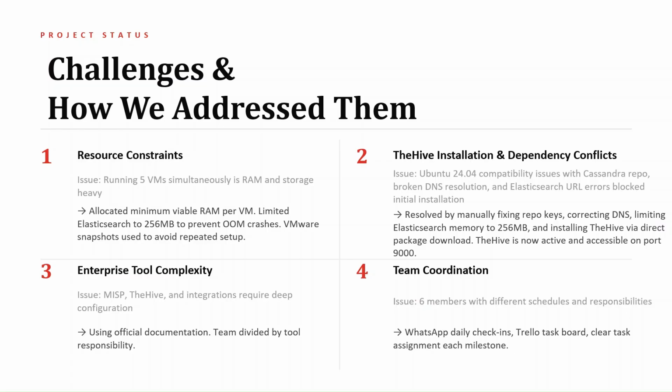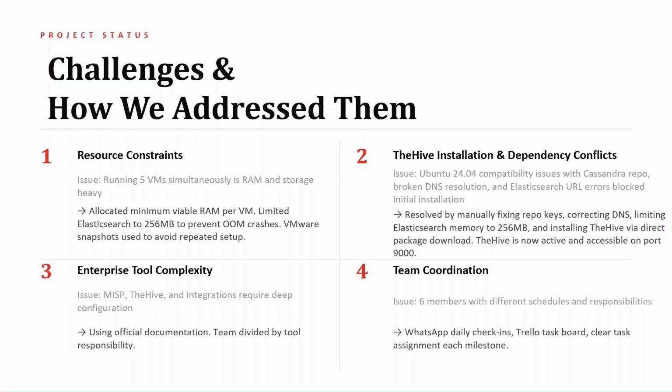Challenge 2, TheHive installation and dependency conflicts. This was our most complex challenge. Ubuntu 24.04 had compatibility issues with the standard Cassandra repository. The package simply had no installation candidate. Then we fixed Cassandra. The Elastic repository URL had a typo that caused DNS resolution to fail. And when we tried to download the app directly, the version numbers in the official documentation were outdated and returned 404 errors.